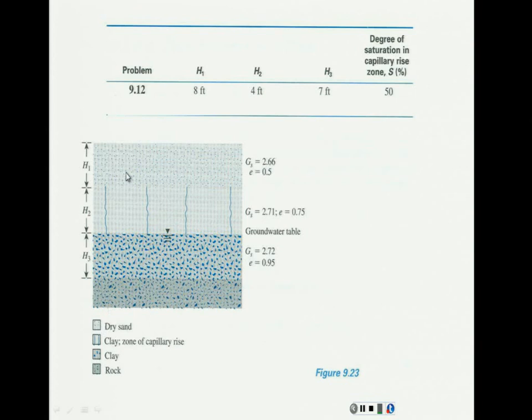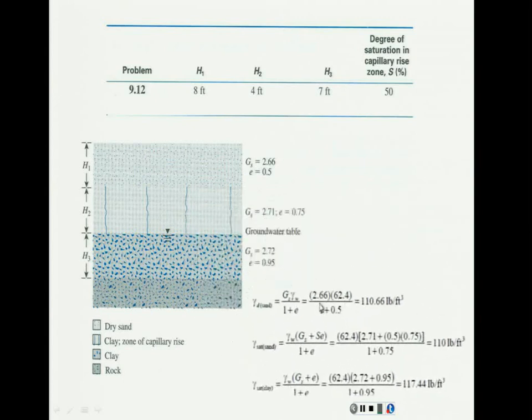You have dry sand. This part is clay with small pores, because if it was pure sand, it's not going to go up, never ever. You have to have small pores there. That's why you have clay, and this is submerged clay here also. Impermeable rock at the bottom.